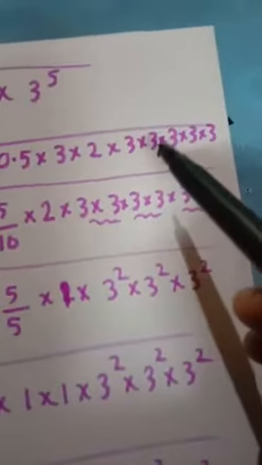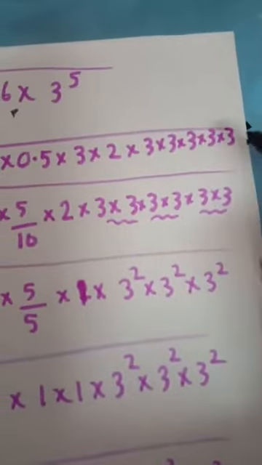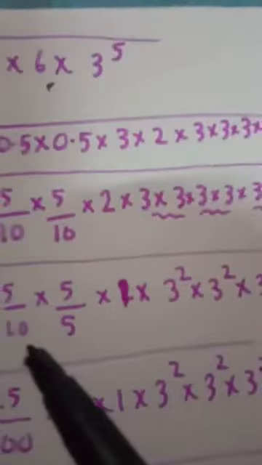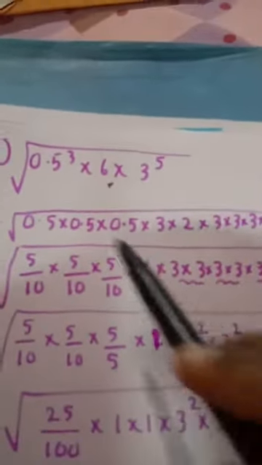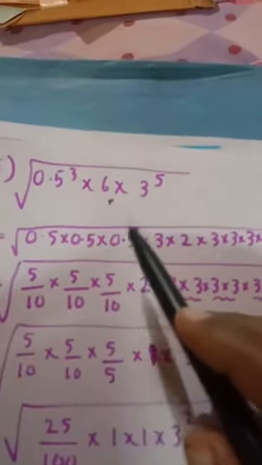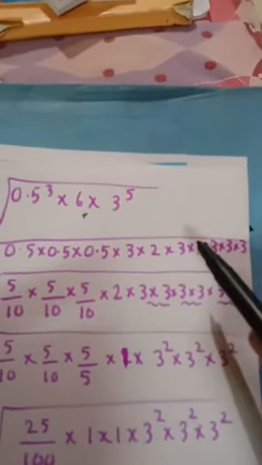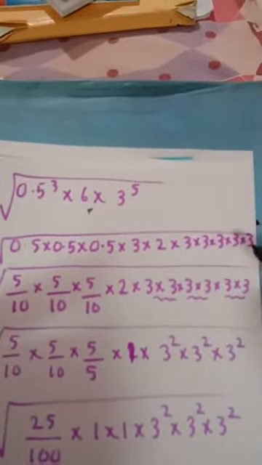Again, 3 raised to 5 means 3 into 3 into 3 into 3 into 3, 5 times.